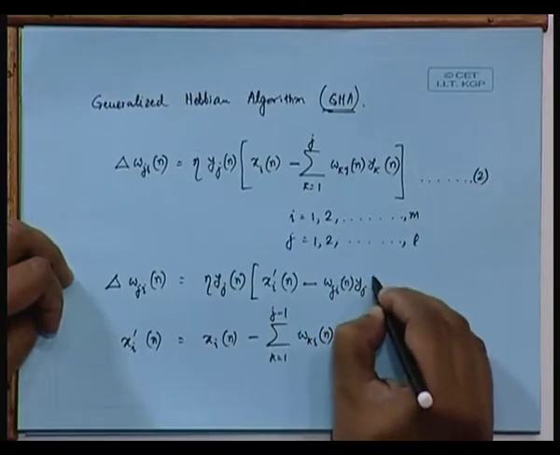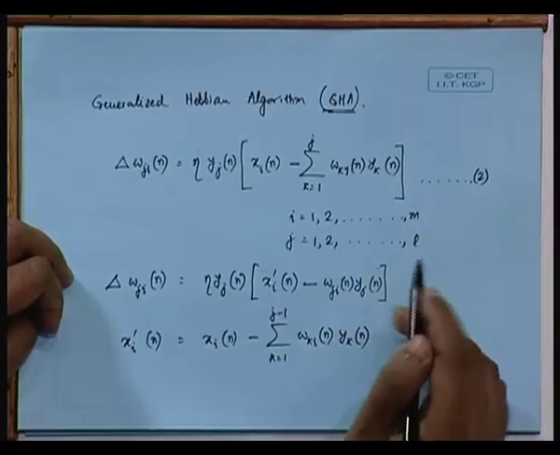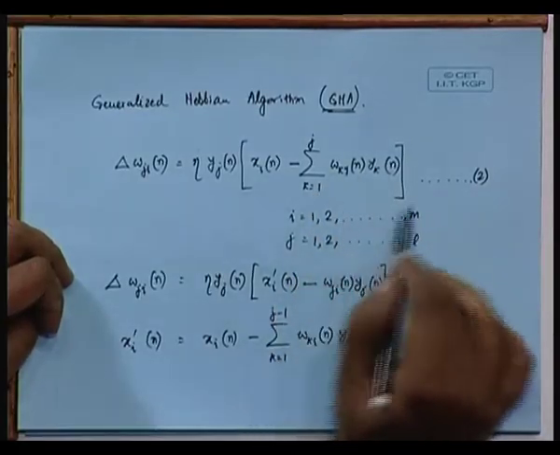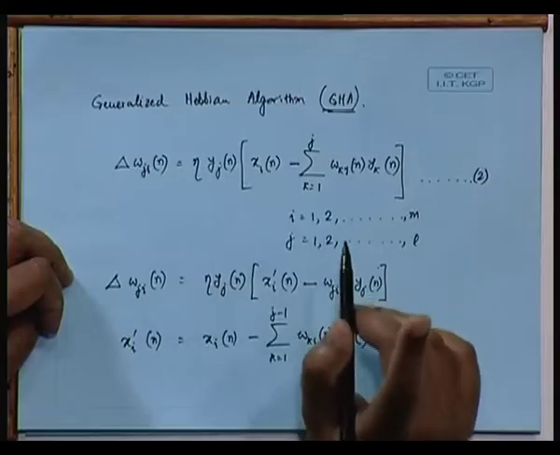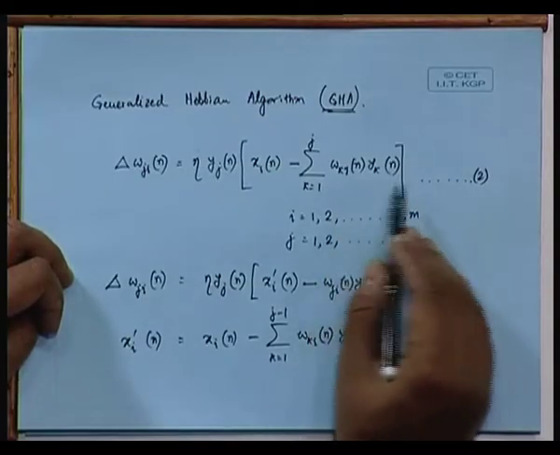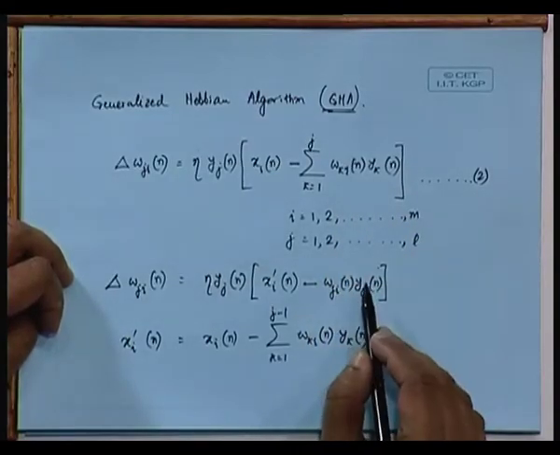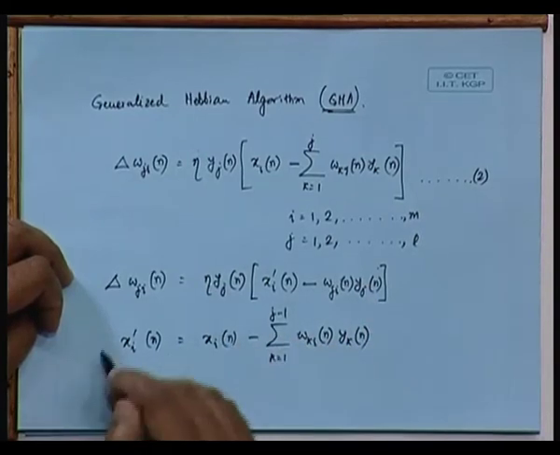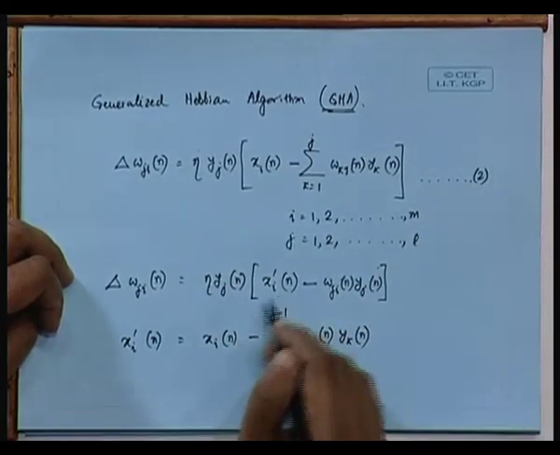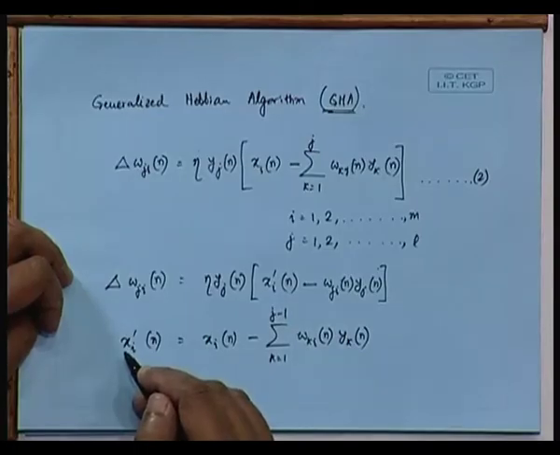Yes. So, what we are essentially doing is separating out the j related term, the jth neuron's term, out of this summation, and all the other things we are embedding into the definition of this xi'(n).